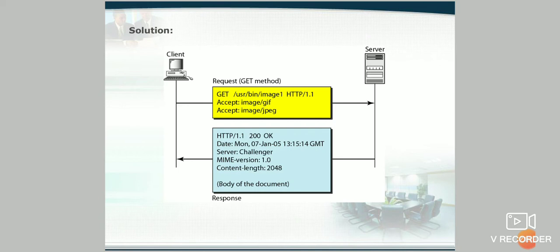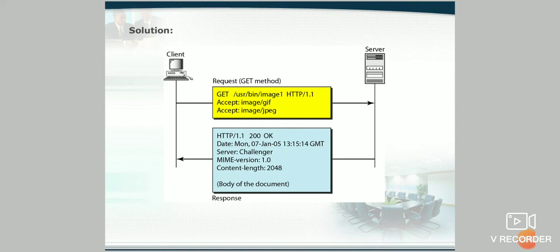So in the case of the header, we put the phrase Accept, and next we define that the image is in either GIF format. Accept is a kind of phrase.